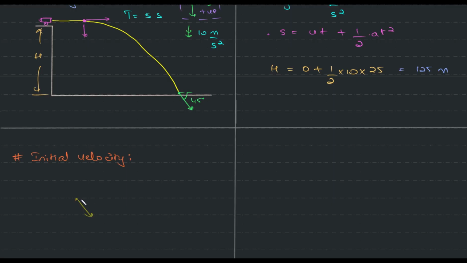For 45 degrees, we know that the right angle triangle is an isosceles right angle triangle. So v of x and v of y are equal over there; there's no other option. And v of x has to be equal to v naught of x, whatever initial velocity we started off with.